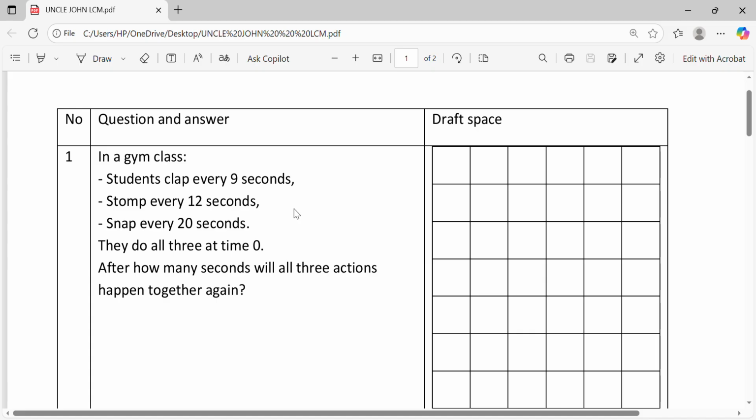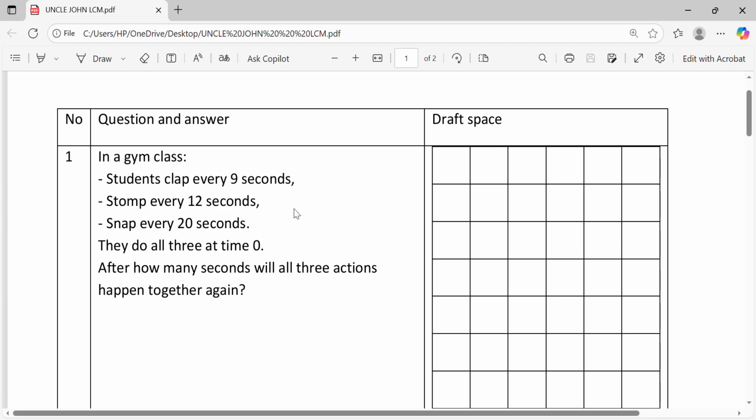Number 1, you can first check the multiples of 9: 9, 18, 27, 36, 45, 54, and so on. You again find the multiples of 12: 24, 36, 48, 60, and so on.